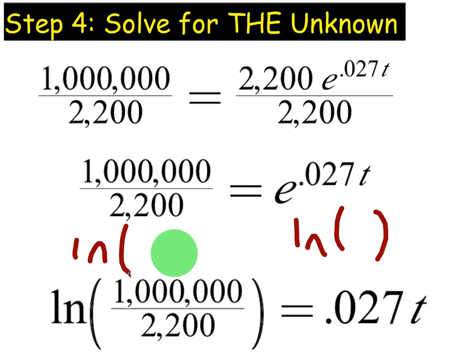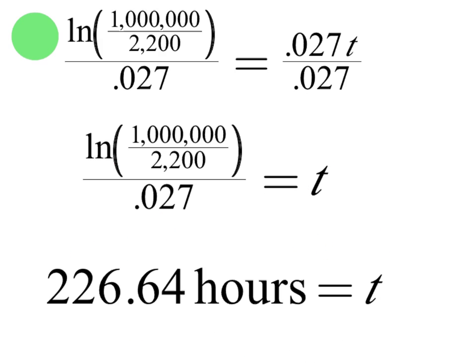I'm not going to write the whole thing out. When we take the natural log of both sides, the e over here is going to cancel, and we're left with the natural log of 1 million over 2,200 is equal to 0.027t. Finally, we're going to divide both sides by 0.027, and t is equal to the natural log of 1 million over 2,200, all of that divided by 0.027.